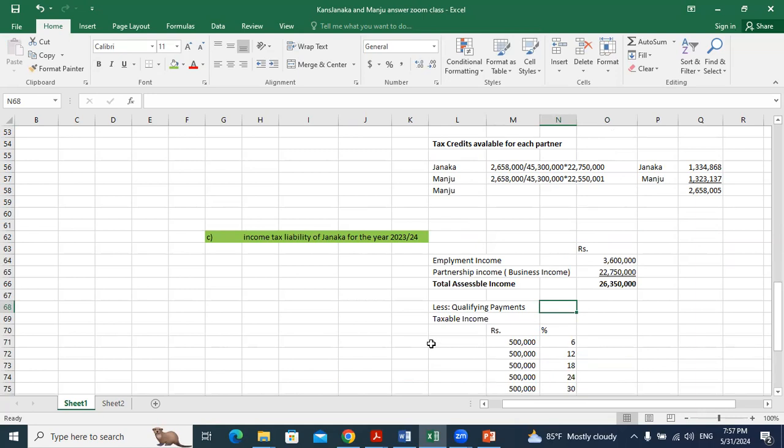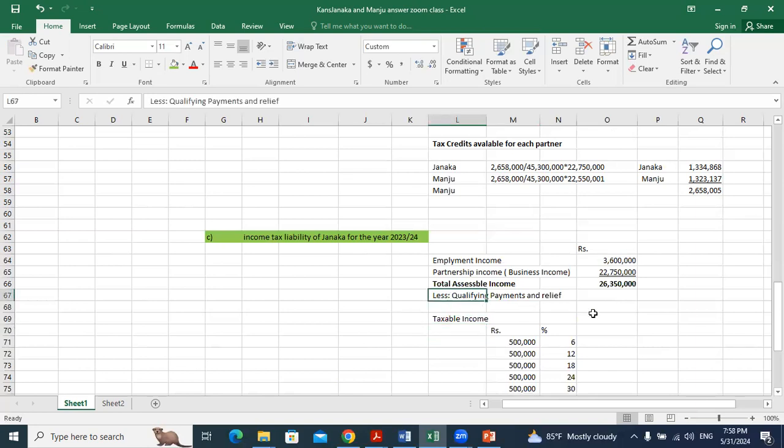Was there a qualifying payment? Was there qualifying payment, Janaka? Anything that can be deducted here? Relief.